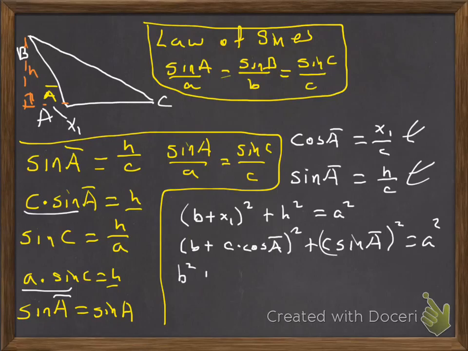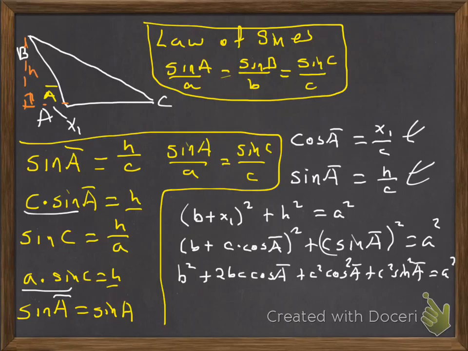So we're going to FOIL it out: B squared plus 2bc cosine A bar, plus C squared cosine A bar squared. We need to put our square on there. Plus C squared sine A bar squared equals A squared. Okay, here we got sine squared plus cosine squared equals 1, so you're just going to be left with a C squared.